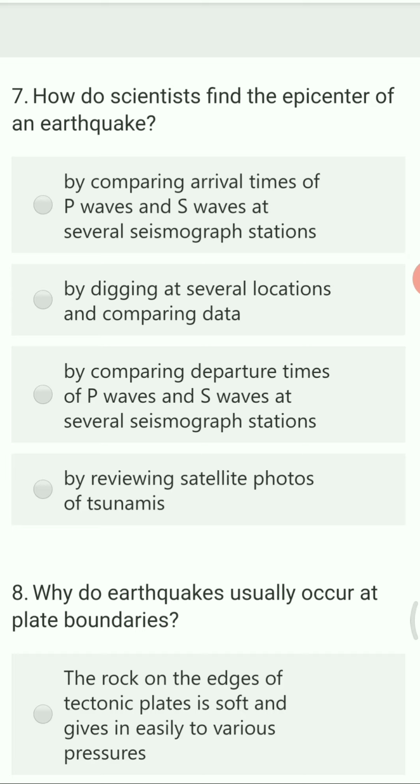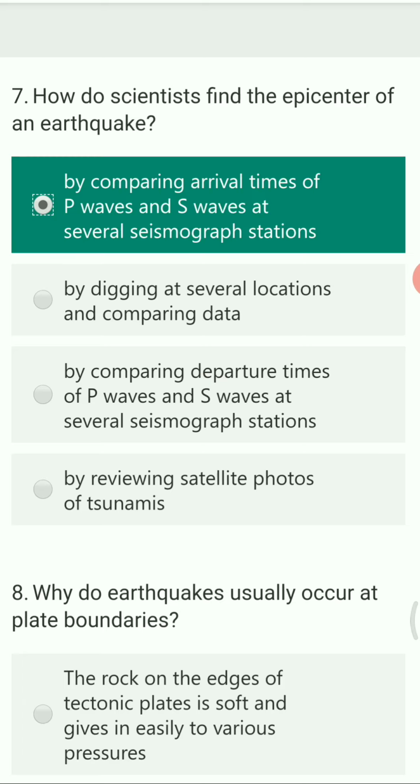Next question, how do scientists find the epicenter of an earthquake? By comparing the arrival times of P waves and S waves at several seismograph stations, by digging at several locations and comparing the data, by comparing the departure times of P waves and S waves at several seismograph stations, or by reviewing satellite photos of tsunamis.